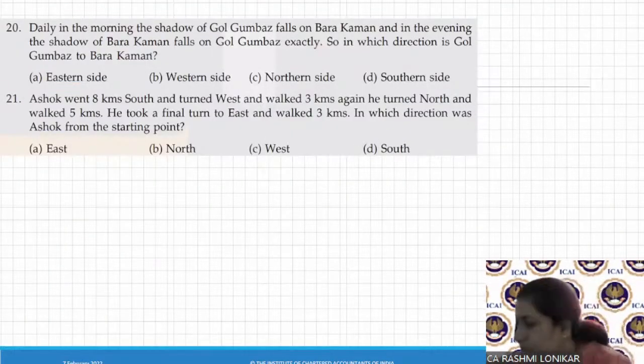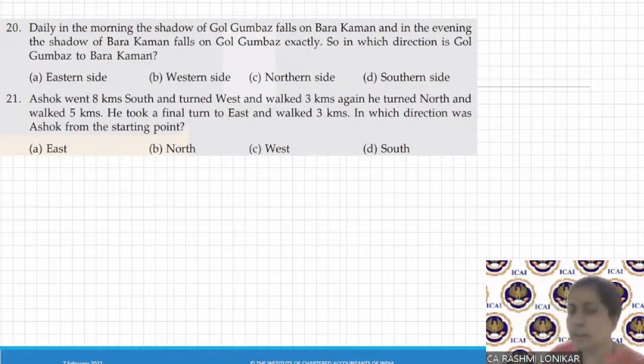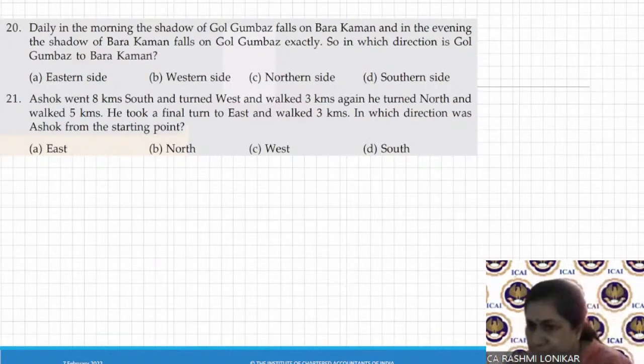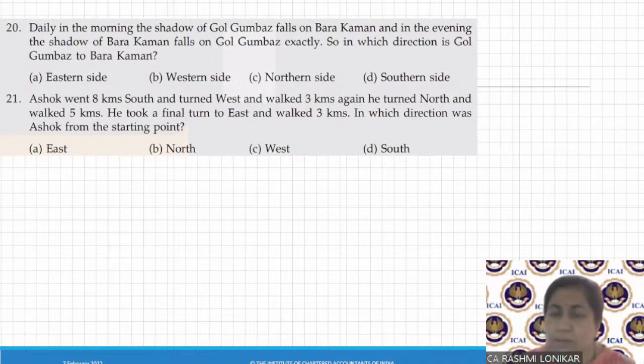Yeah, good. Daily in the morning, the shadow of Gol Gumbaz falls on Bara Kaman, and in the evening, the shadow of Bara Kaman falls on the Gol Gumbaz exactly. So in which direction is Gol Gumbaz to Bara Kaman? Now what is happening? There are two monuments.